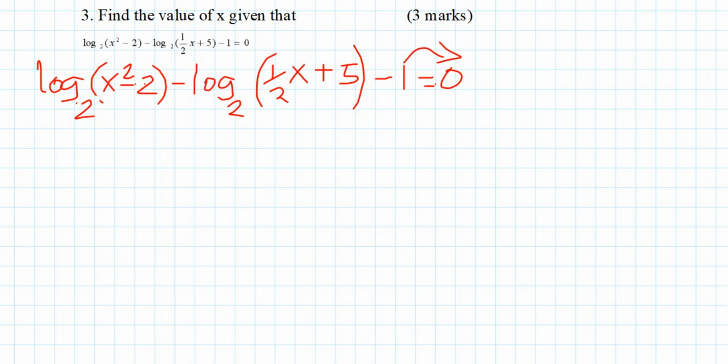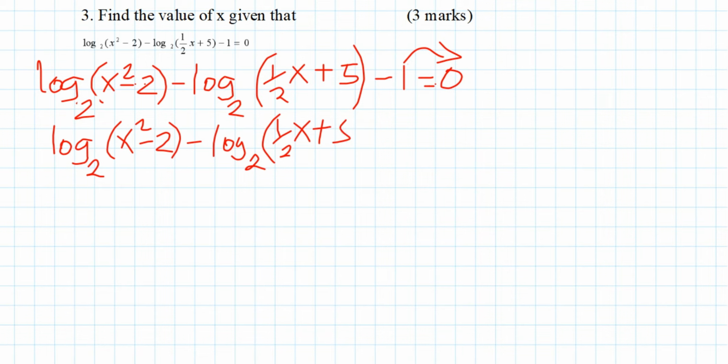So that on the left-hand side, we shall be left with the logarithms only. And so when we do that, we are going to have the log to the base 2 of (x squared minus 2) minus the log to the base 2 of (half of x plus 5) is now going to be equivalent to a positive 1.